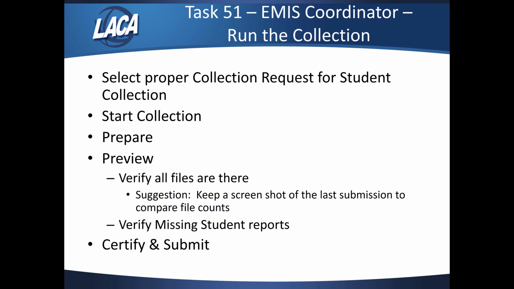If you have a fatal error on the FD record, it's going to prevent anything from that student from going. So once you correct your fatal error, then your missing student and your invalid records will disappear. And then once you've verified, certify and submit.